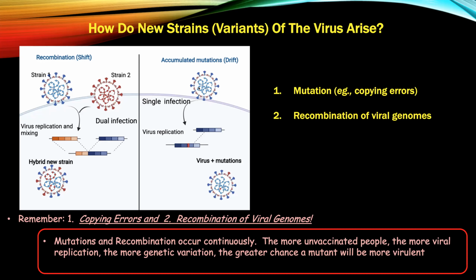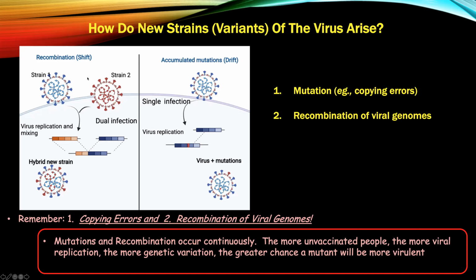On the right here, as the virus is replicating, there are copying errors, always. And these copying errors lead to new amino acid sequences. And so here you have a wild type, and then here the little red bar indicates that a mutation has occurred. So that's one way.